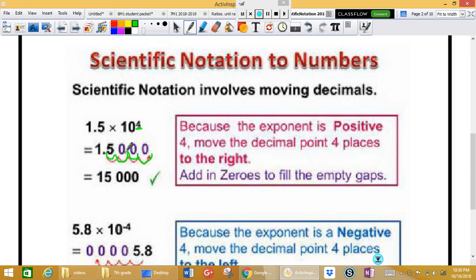So right here is a 0, here is a 0, here. So then I rewrite the number. That's the important part. Many people forget. You must rewrite the number. It's not enough to do this because some of you don't put the decimal point at the end and make it seem that you went from here to here. So it's just easier to rewrite the number and remember groups of 3, get a comma.